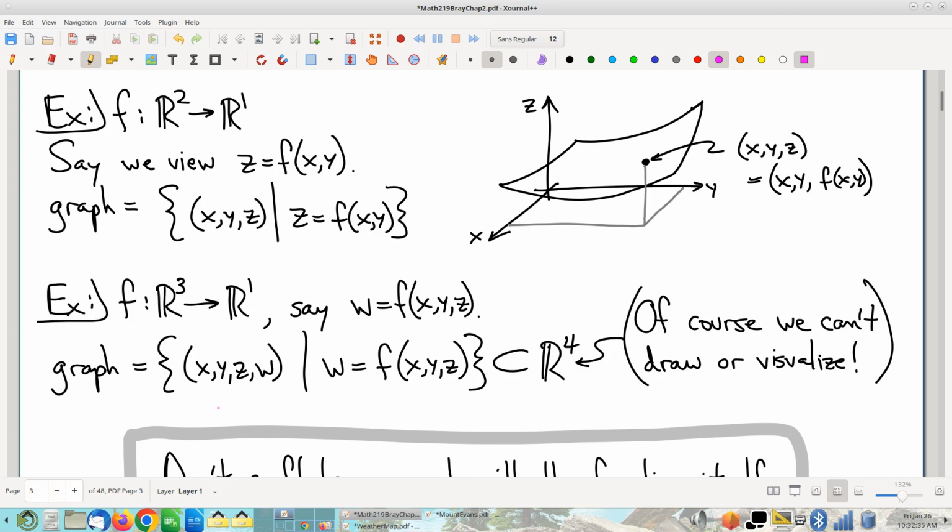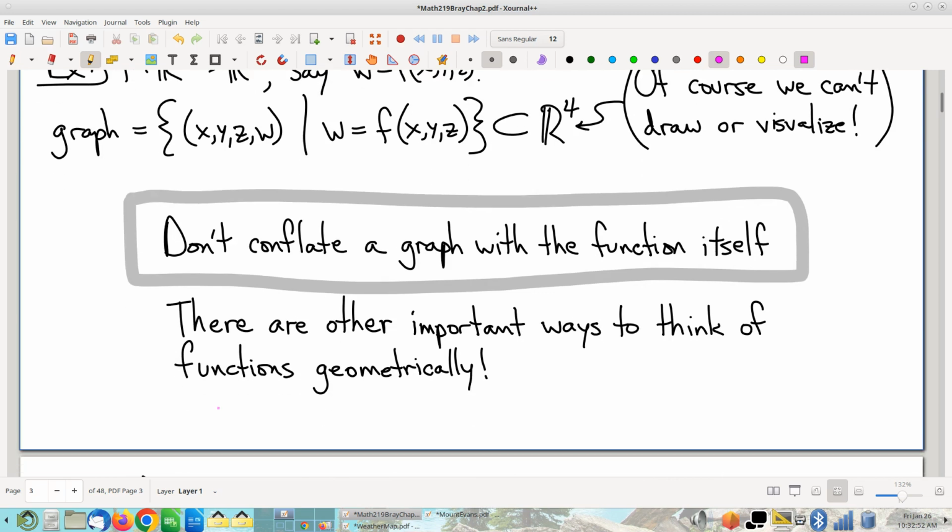Most students in this class, very often students encounter these ideas having never drawn a picture of a function that isn't a graph. And so there is a tendency to conflate the word graph with the function that it's representing.